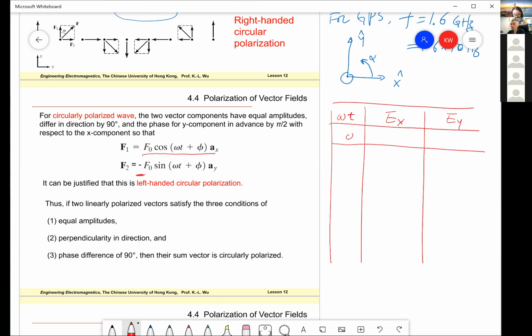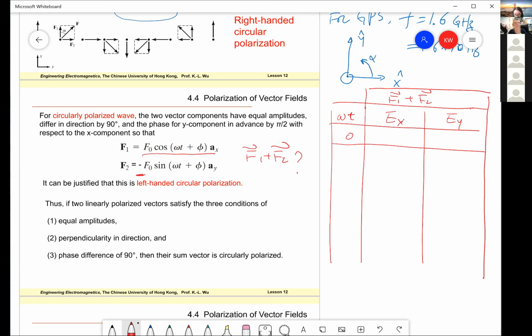So when omega t equal to 0, let's just pick some very special value. It's just convenient to calculate. So when omega t equal to 0, this is fx plus fy, right?